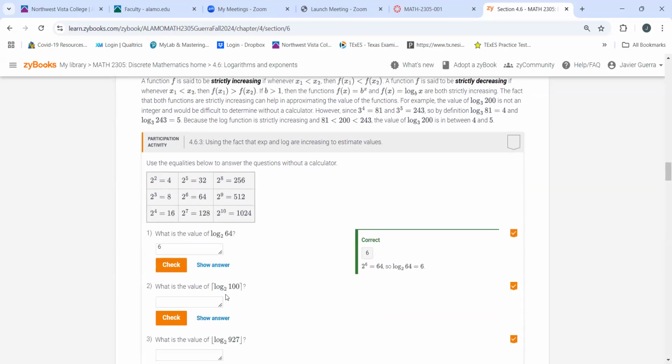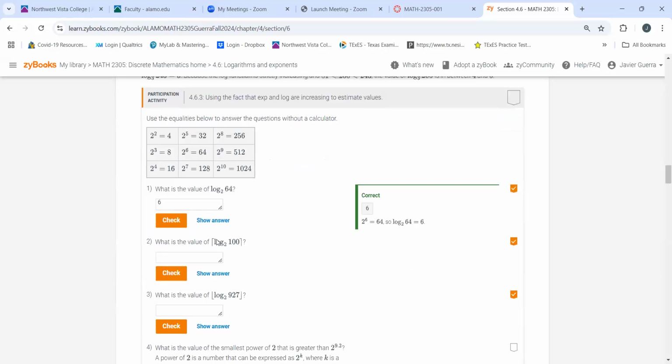Log base 2 of 100. So notice that in this expression here, I have ceiling. So what we're going to do is locate the value that's close to or in between, or what's closest to 100 with a base 2. And then since it's a ceiling, we're going to go with the bigger one.